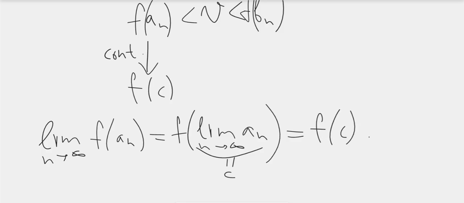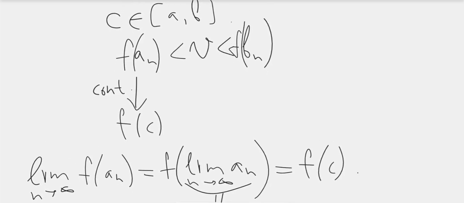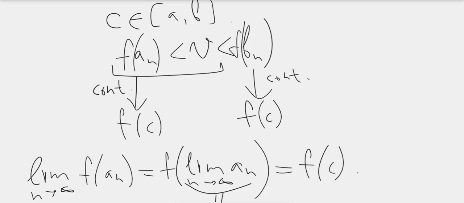And similarly, f of bn converges to f of c because of the continuity of the function. So now we have the sequence f of an that is less than v for every term of the sequence, and it converges to a certain limit. Therefore, the limit must be less or equal.